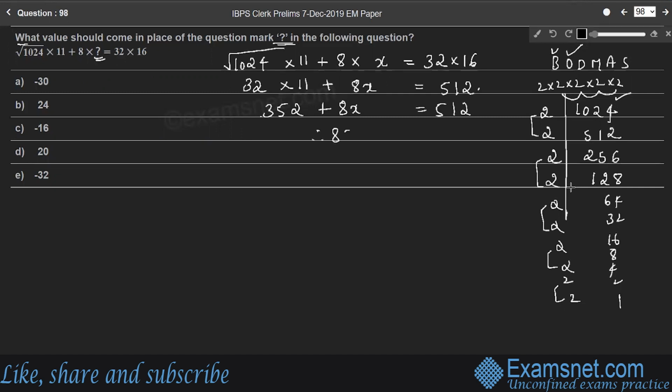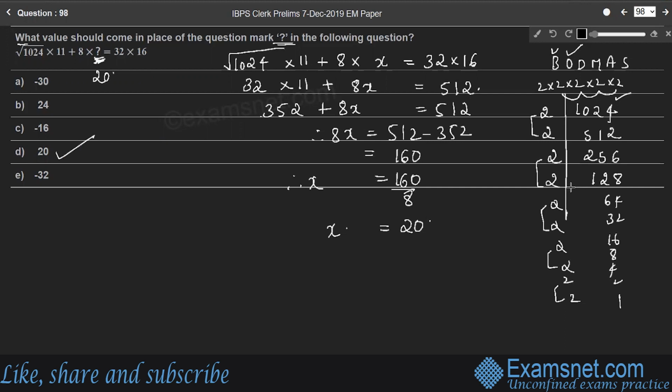Therefore, 8x is equal to 512 minus 352, which is 160, right? Therefore, x is equal to 160 by 8, which is 20. Therefore, in place of the question mark, the number should be 20, right?